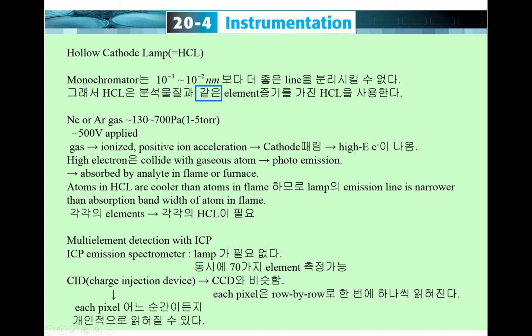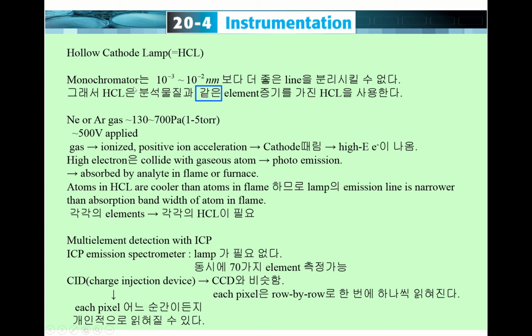Why? No matter how good the monochromator is, it is not possible to differentiate or separate lines whose line width is 10 to the minus 3 to 10 to the minus 2 nanometers, because there is a resolution limit of a monochromator.